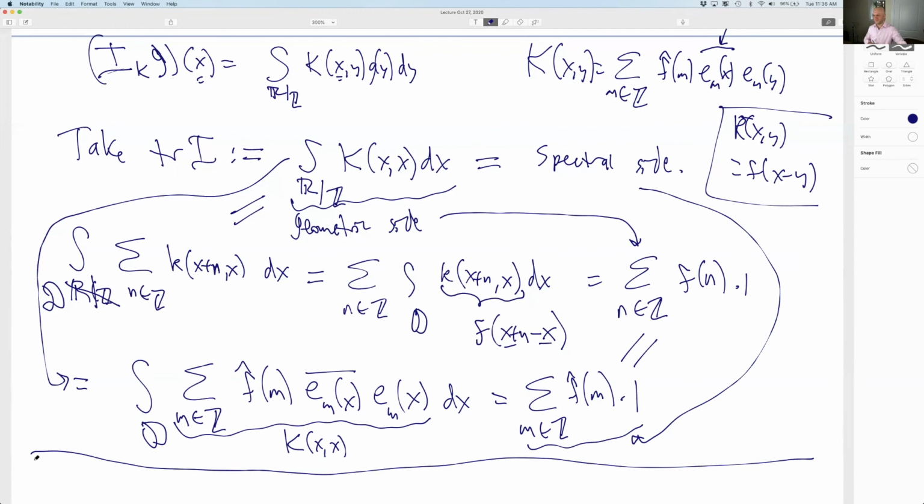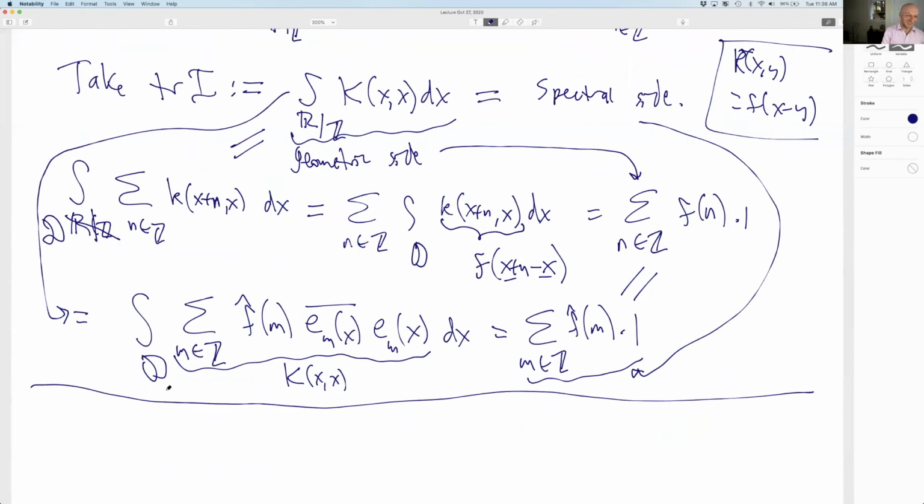So what does the trace formula look like for some other group, say? For compact quotients, if G mod gamma is compact, and you have a decomposition of L2 of G mod gamma, we don't know what this looks like. We don't know what these eigenfunctions look like.